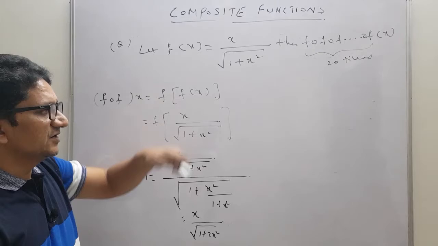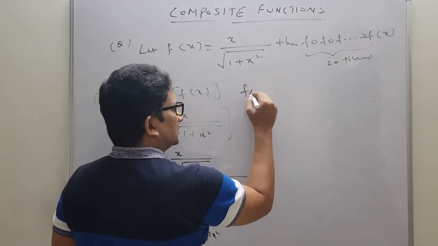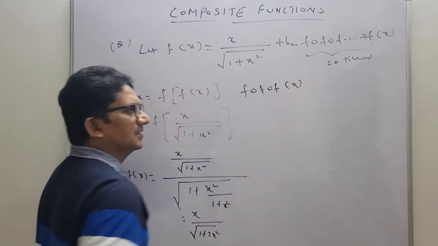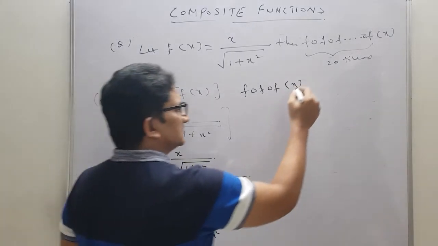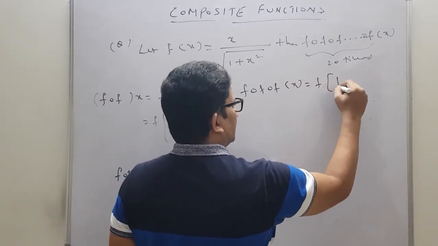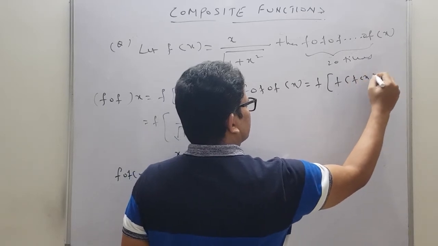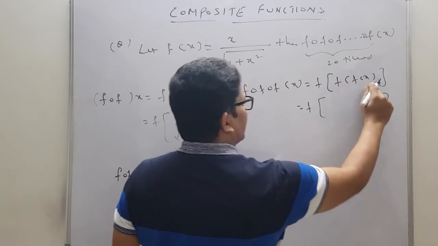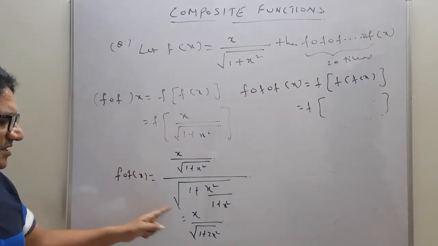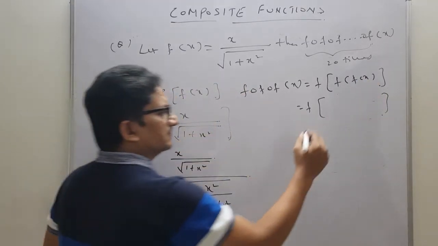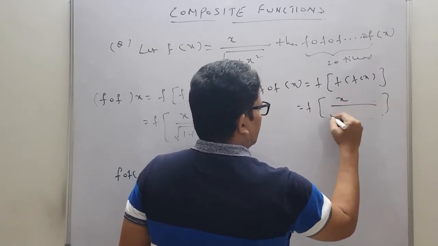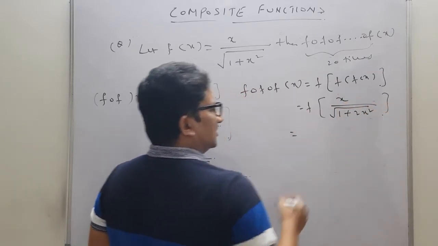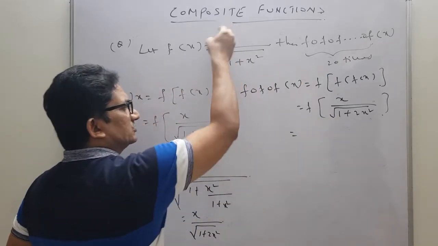For reference, we will find one more, that is f circle f circle f of x. We know that f circle f of x, which we got here, we will use here: x divided by under root 1 plus 2x square. Now this we will substitute in the original question.